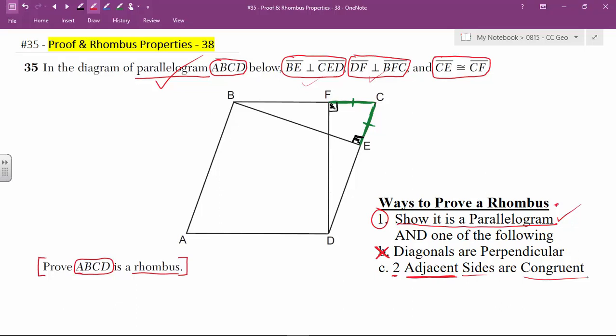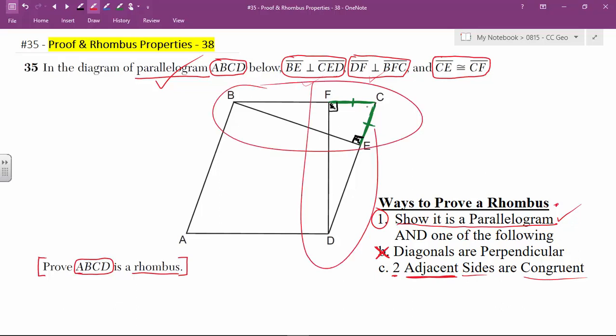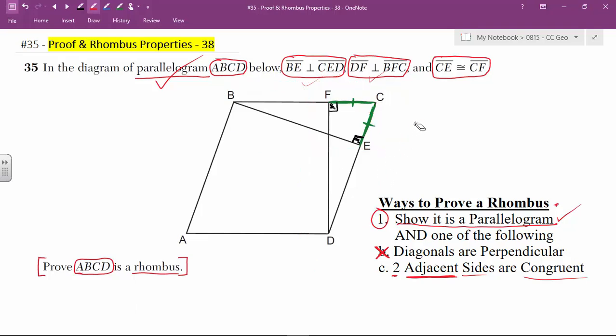And given how this looks, I got a lot of business going on up here and over here. The sides that we're going to show are congruent are this side here, and this side here, from B all the way to C.